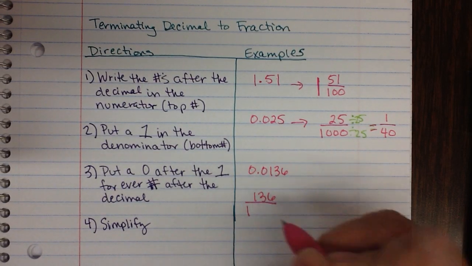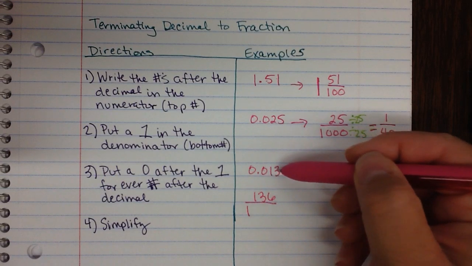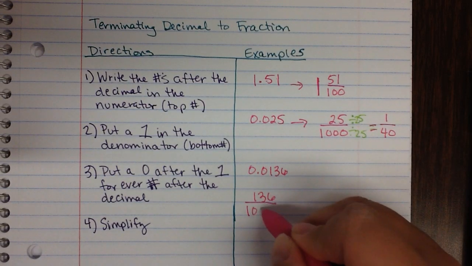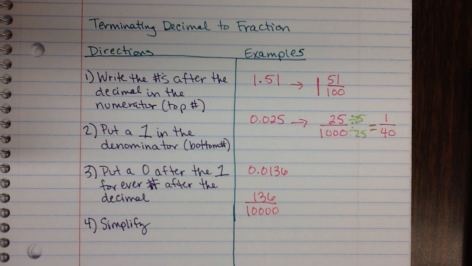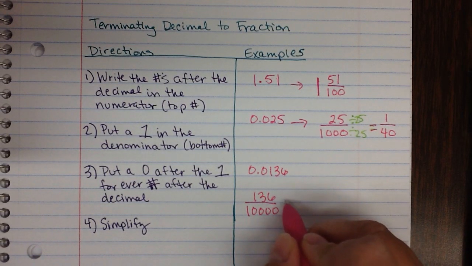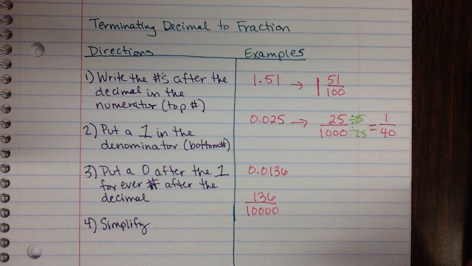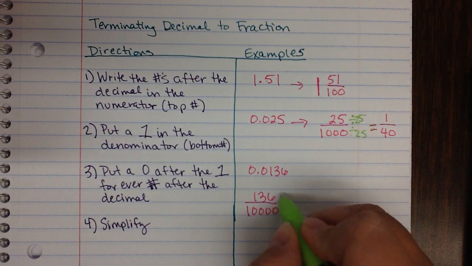I'm going to put a 1 in the denominator, and there's 1, 2, 3, 4 numbers, so I'm going to put 1, 2, 3, 4 zeros in the denominator. So then, I know these two numbers are both even. So I'm going to simplify them, and I'm going to start with 4.